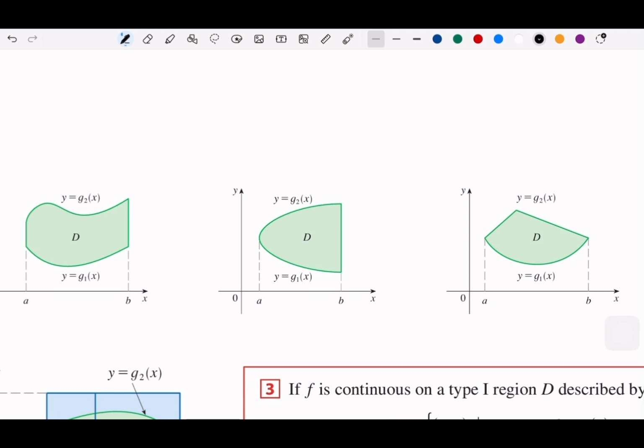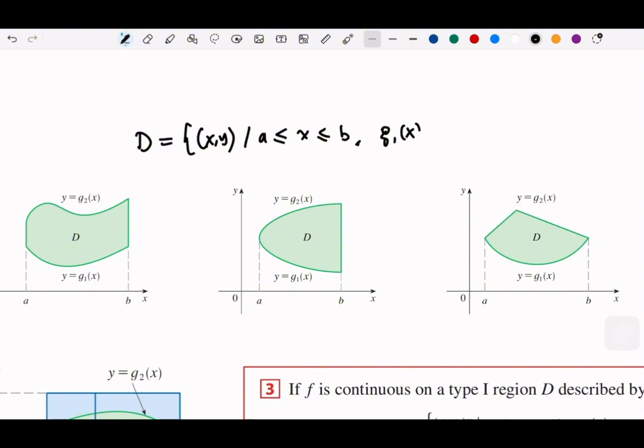Let me write here that D equals any (x,y) where x is from a to b, constant, but y is a function of x, let's say g1(x) and g2(x).